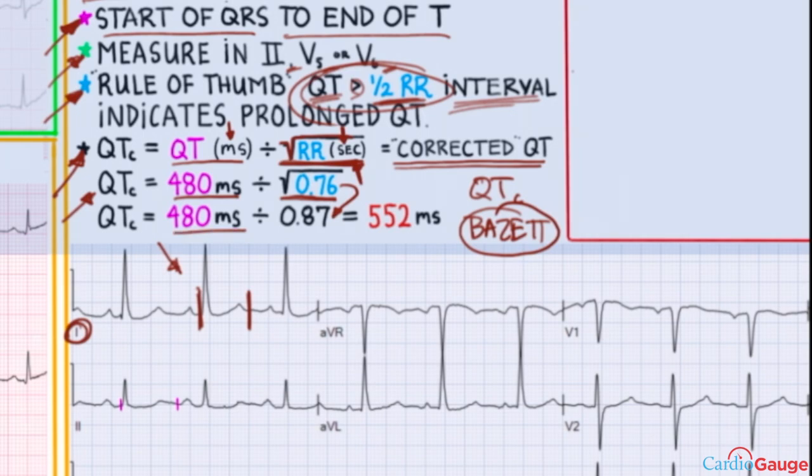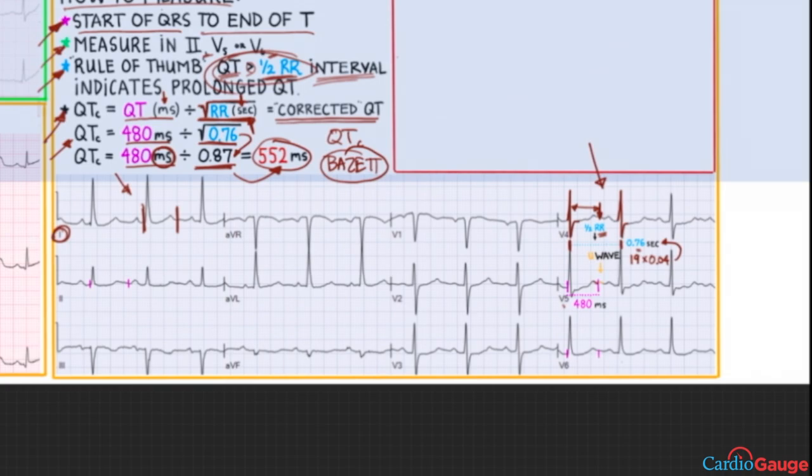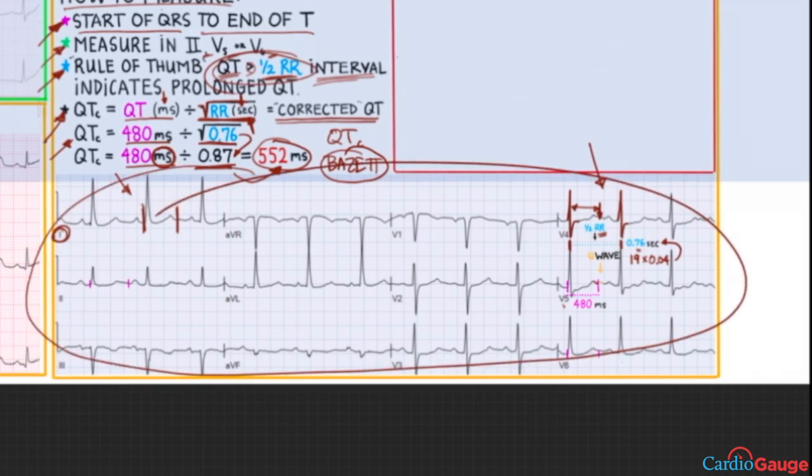So 480 milliseconds divided by 0.87, and the units actually don't match up, but you just hit the equals button and use milliseconds as the unit, and that gives you 552 milliseconds for the QTc, which is in the severely prolonged range. So that's a calculation of the QTc for the ECG. The computer will generally spit out a QTc, and it's usually using the Bazett formula.